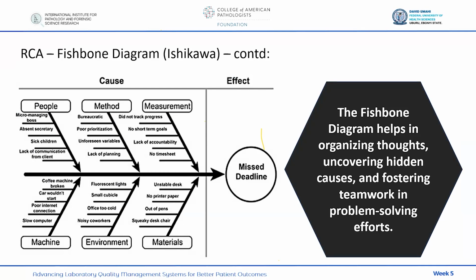So with that, you now start brainstorming, okay? All of you now, how can measurement lead to a missed deadline? So you start listing them, and when you are doing that, you relate it to what is happening in your laboratory. Could it be because we did not track progress, or is it because there are no short-term goals?